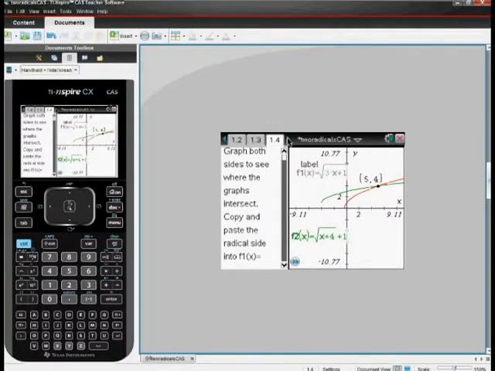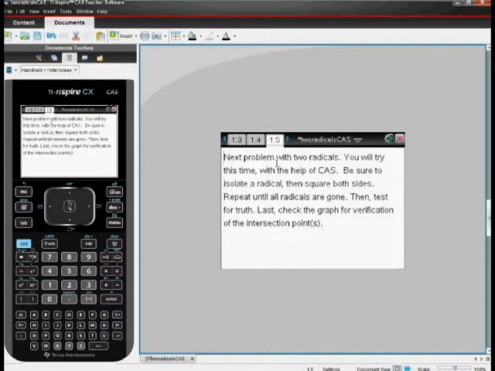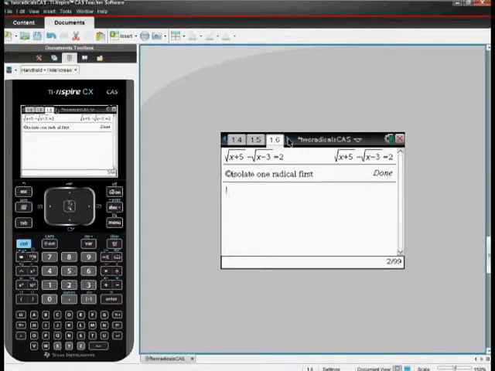Now, next problem with 2 radicals, you will try this time with the help of the CAS. Be sure to isolate a radical, then square both sides. Repeat until all radicals are gone, then test for truth. Last, check the graph for verification of the intersection points. So here's your problem. You're going to isolate the radical, so that means you need to add this radical to both sides.